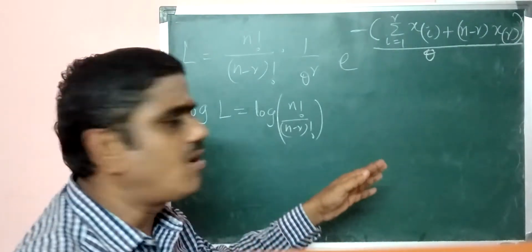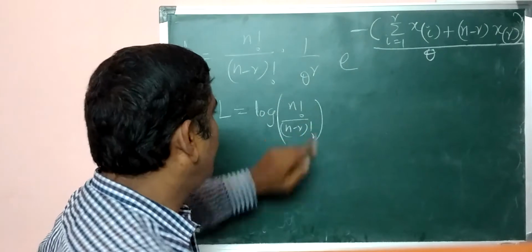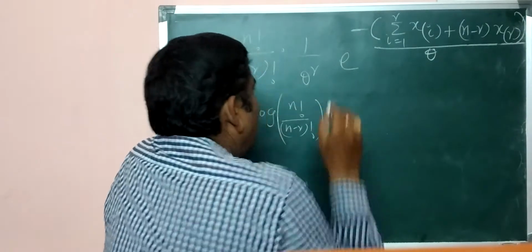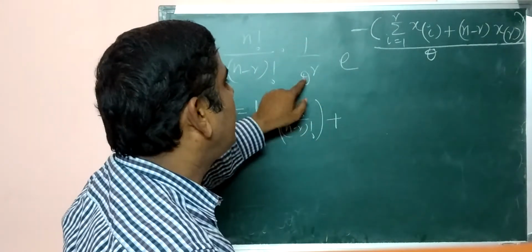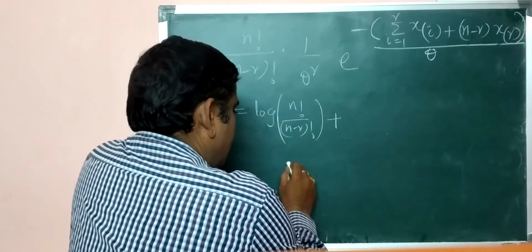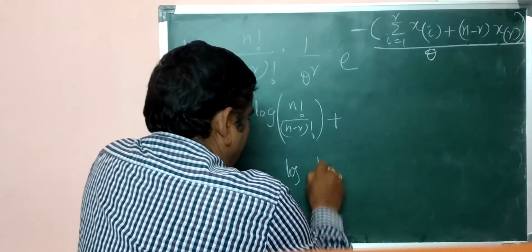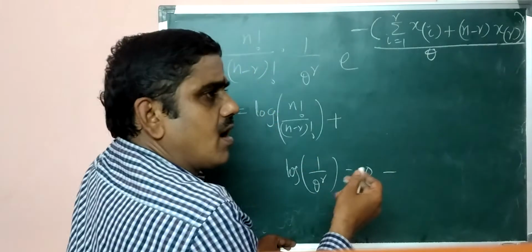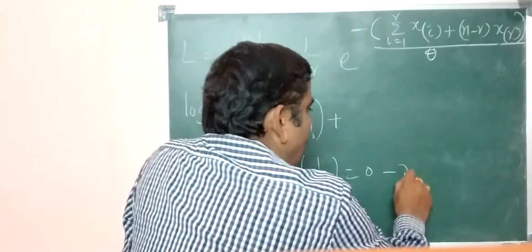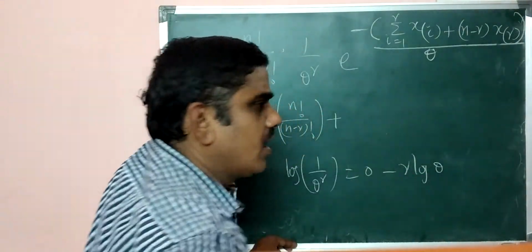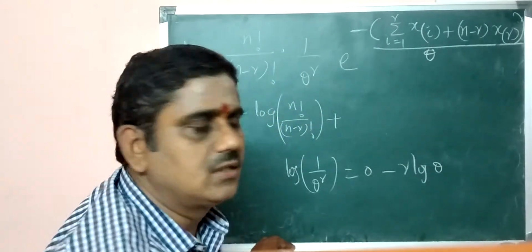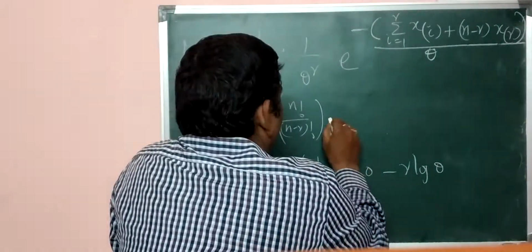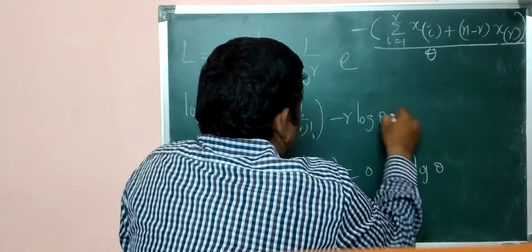It is a very simple formula, you know. So log a finished, plus log b, 1 by theta power r: log 1 is 0, minus theta power r, log theta power r, log x power y is y log x. So therefore it is minus r log theta.